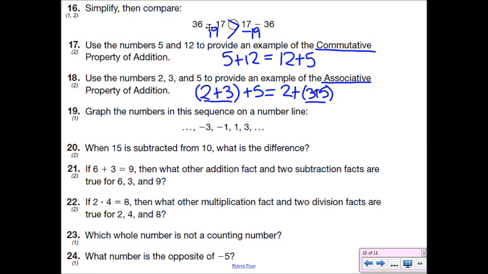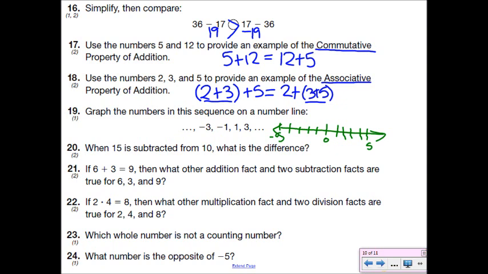It says graph the numbers in this sequence on a number line. So a number line, remember, looks like this. We have 0, and we go 1, 2, 3, 4, 5. 1, 2, 3, 4, 5.